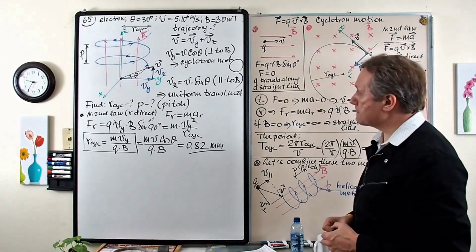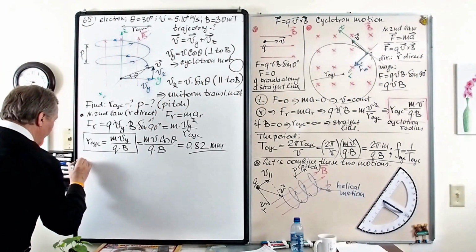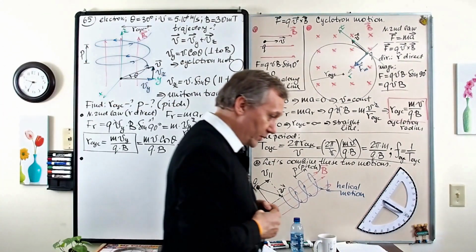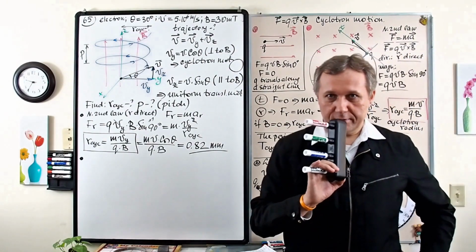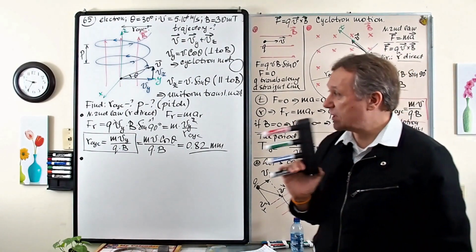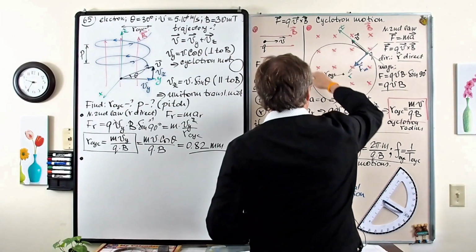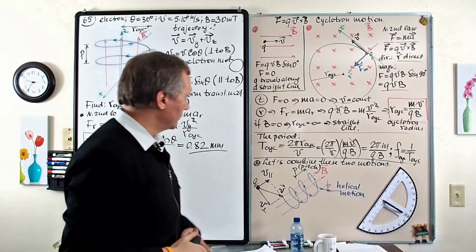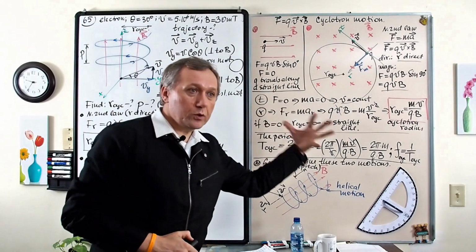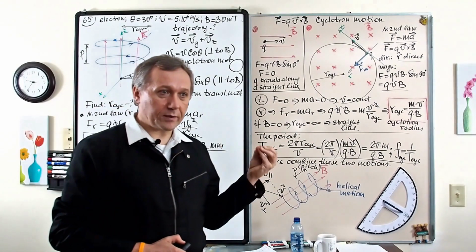So next, what's next? We need to find the pitch. But before we start discussing the pitch, let's find the cyclotron period, right? Basically, the time a particle needs to complete one circle. Since we have uniform circular motion, the speed of the particle is constant.